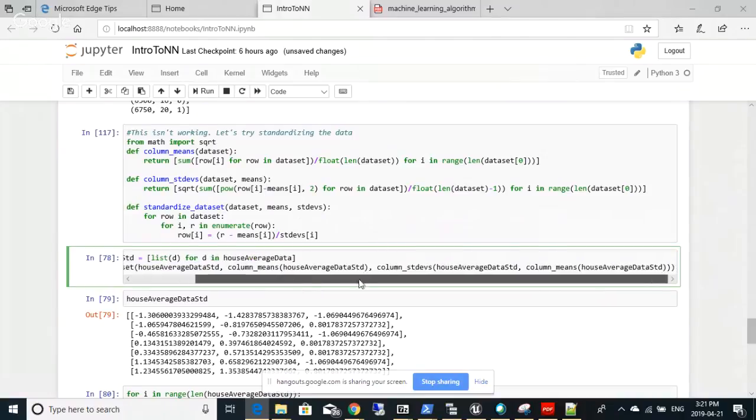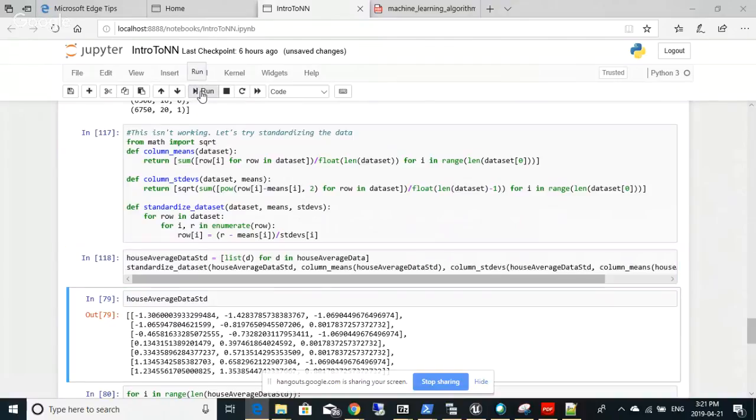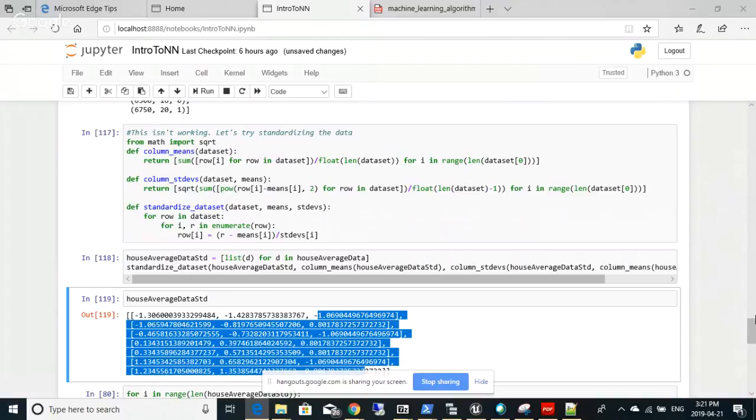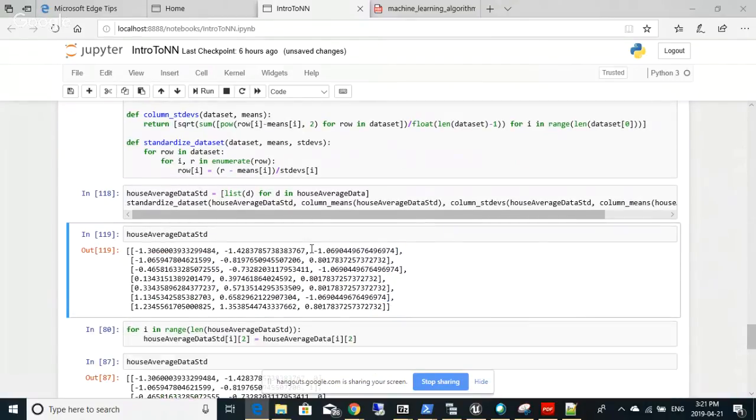So I did standardization of this, and it will look like this. But we don't want the last column to be changed, because this is our result column, whether it is a 1 or 0. We don't want it to be -1 and this number, right?